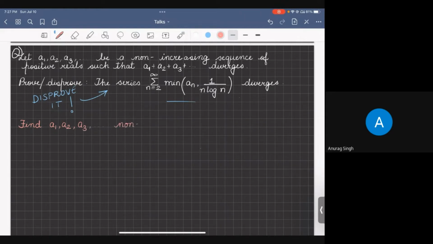But can we just consider an to be 1 by n squared log n squared? Wait, let me just write it down. Like we discussed about this problem, you need a1 plus a2 plus a3 to diverge. Oh, yes, yes. Yeah.